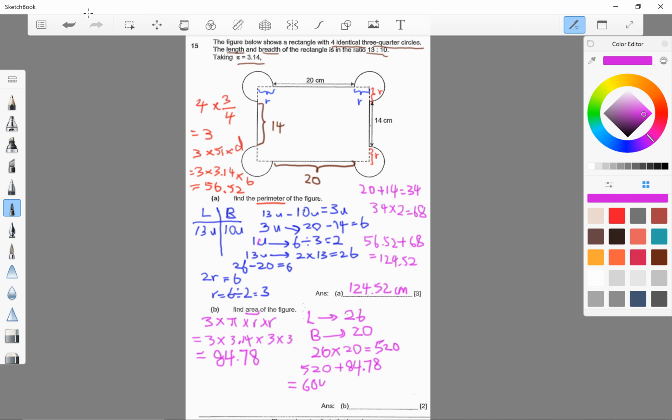So 604.78 is our answer. Let me just write it down. Do not forget the standard units. So 604.78 centimeters square. So 604.78 square centimeters, or cm square. And with that, we have arrived at the end of the question.